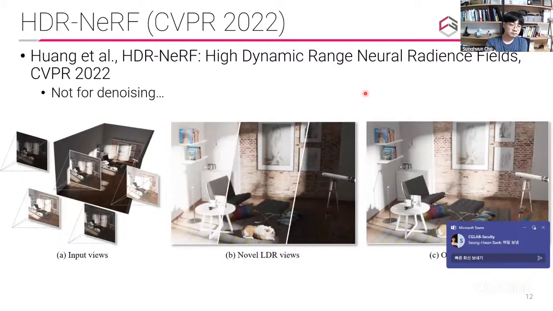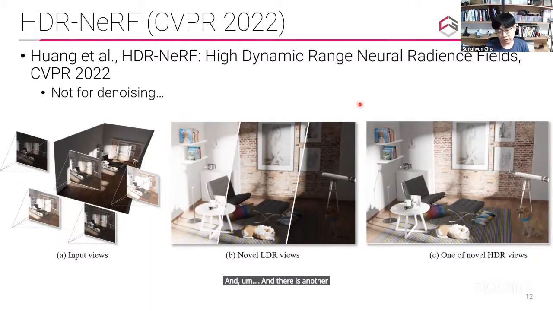And there is another work that is pretty similar to RawNeRF, and this one is called HDR-NeRF, which was presented at CVPR 2022. This one is also designed for high dynamic range neural radiance fields.